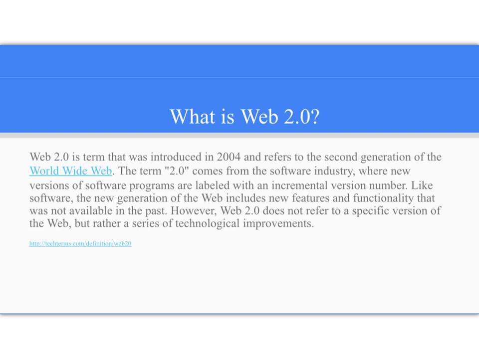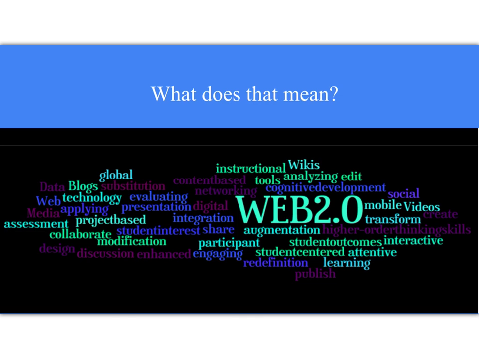Now we have web pages that have user-generated content, and it also refers to the explosion of social media such as Facebook, Snapchat, and Instagram. What does that mean?